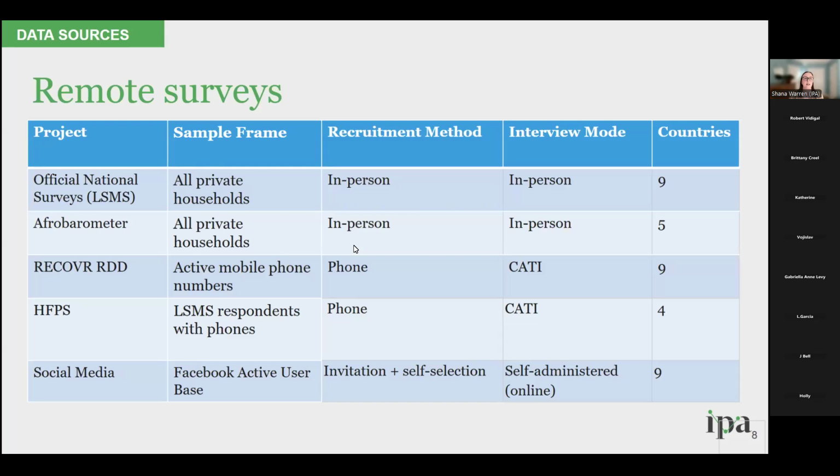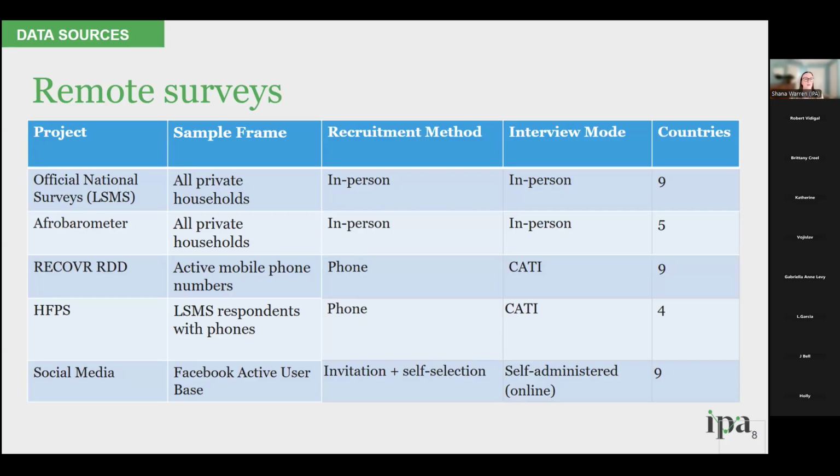This is sort of summarizing. Here are, in the top row, you see the official national surveys where we used LSMS studies. These were all in-person recruitment and interviews sampling from the full sample of private households subject to safety and security. We had that data in all 9 countries. Among Afrobarometer surveys run during the period in question, these were again in-person interviews.